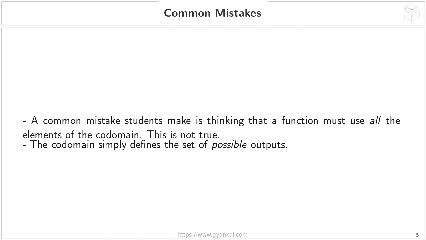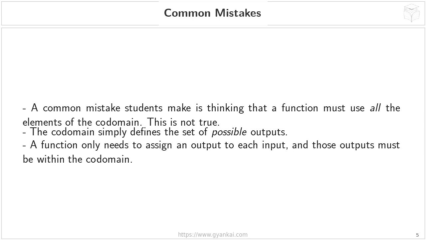Think of it as a menu of options. The function then picks from that menu. It doesn't have to order everything on the menu. So, a function only needs to assign one output to each input, and that output must be an element that exists within the codomain. It's perfectly fine if some elements of the codomain are never used as outputs.